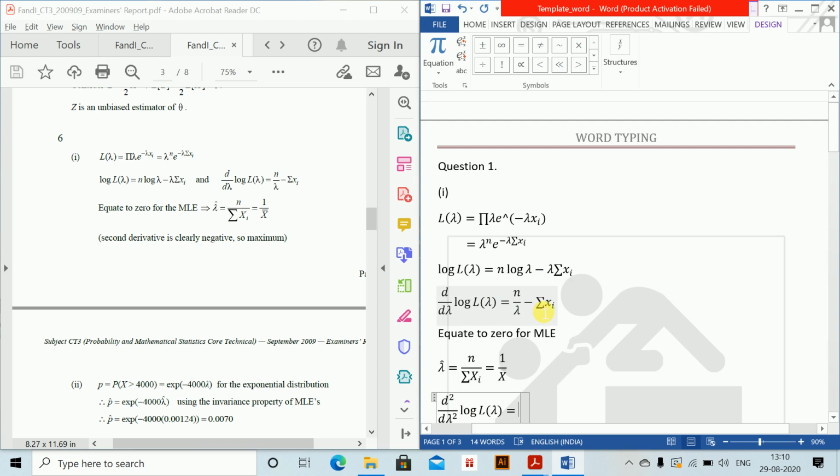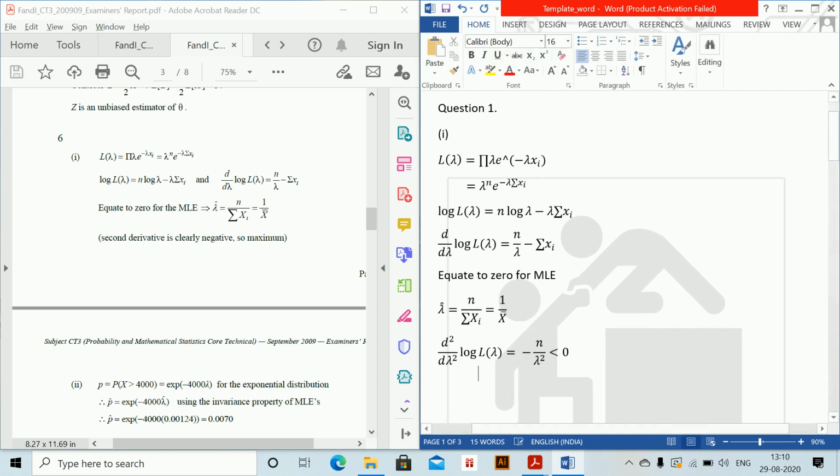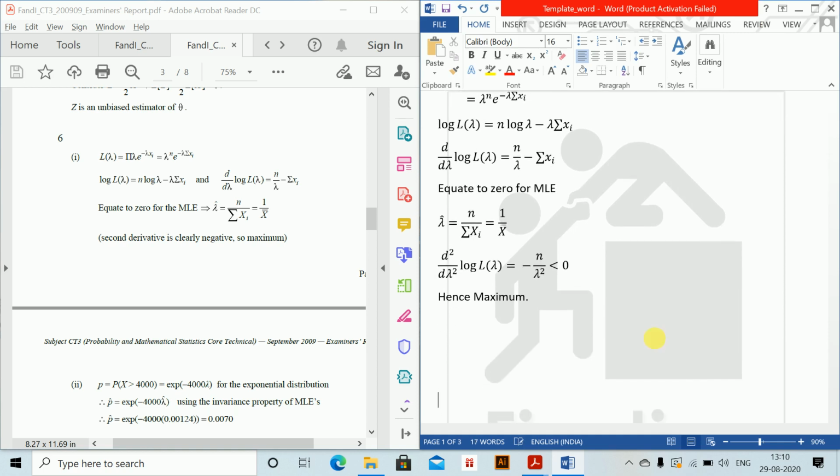Since there is no lambda here, this will be nothing, this is a constant, and then here will become minus n by lambda square. So since this is less than 0, so second derivative is less than 0, hence maximum. Okay, so this we have done. And then coming to part 2.